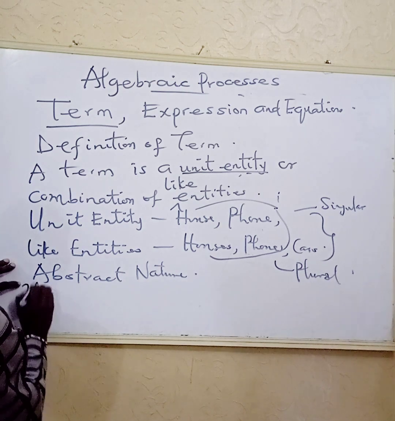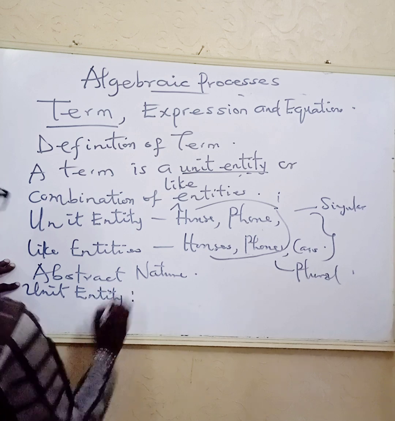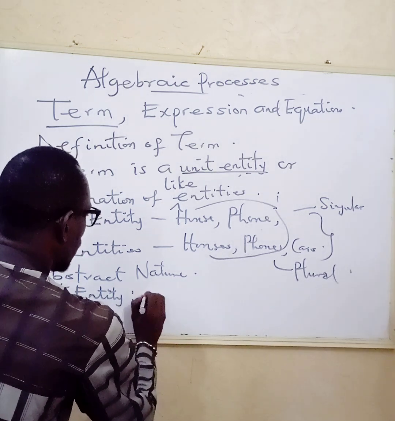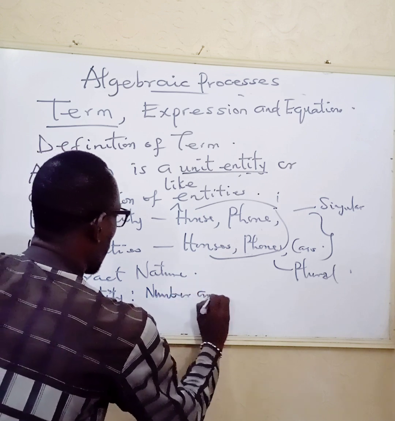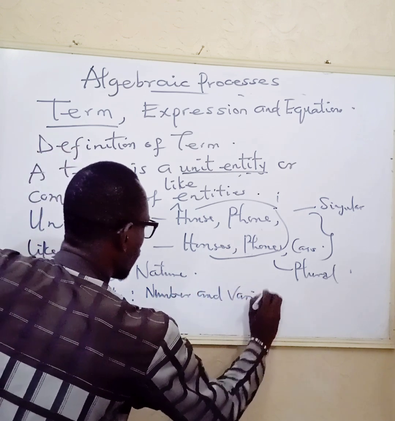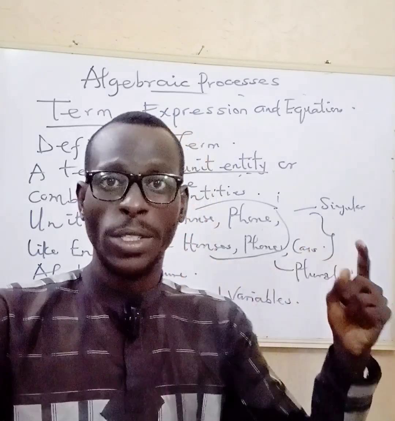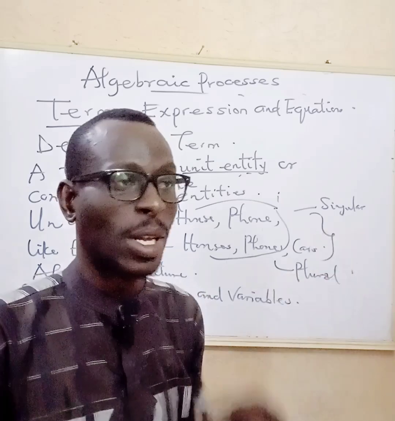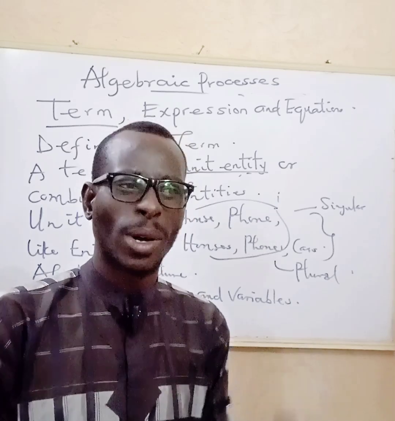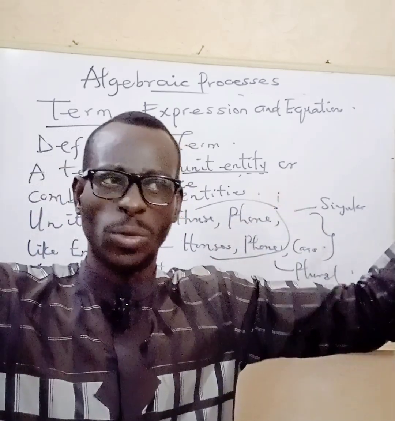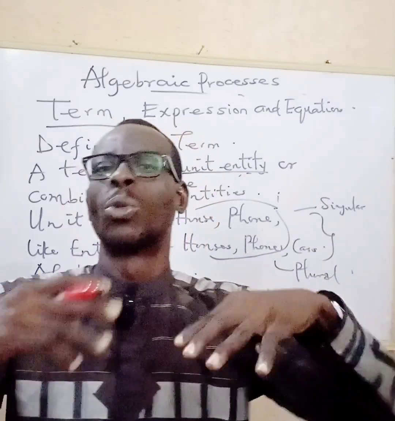When we are talking about unit entity, you can have numbers and variables. We have said in one of our videos in the algebraic process where we have talked about the term, expression, and equation. And when we're talking about the numbers and variables, we are talking about either the number 1 up to infinity. And the variables, you can start from A, B, C, D, depending on what you want to use.